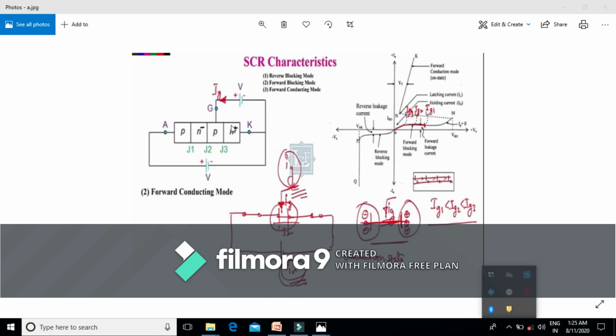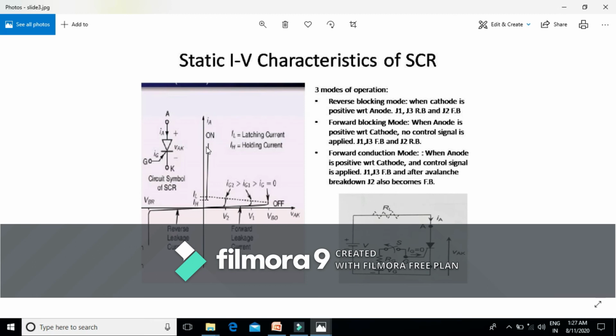attains a value called the latching current, that means here we have two values. One is the latching current, another is the holding current. If the gate current is reduced to zero before the anode current attains the value IL, that is the latching current, the thyristor will turn off again.